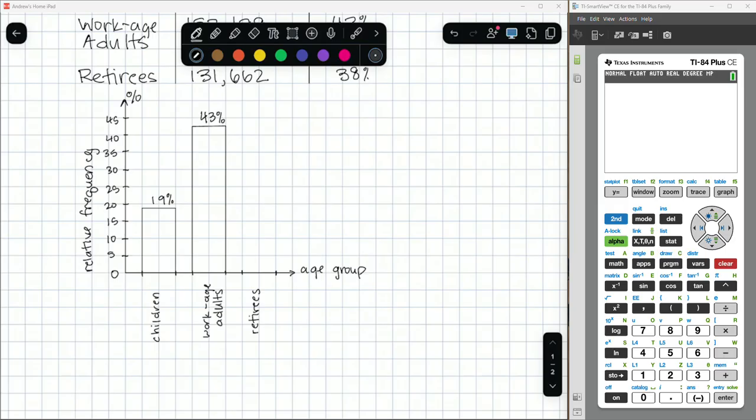And then my last one is 38, which is halfway between 35 and 40. And that is a completed bar graph.